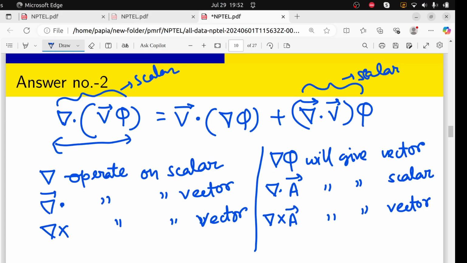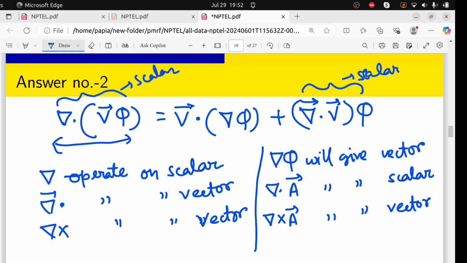Okay, very good. Now coming to the right hand side. Why do I need to write the right hand side first of all? In the left hand side you can see one vector and one scalar are multiplied, and I can't do divergence of these things directly. I can't do divergence of a multiplication of one scalar and one vector. I need to separate this vector and this scalar so that I can do some divergence or curl or gradient on them.